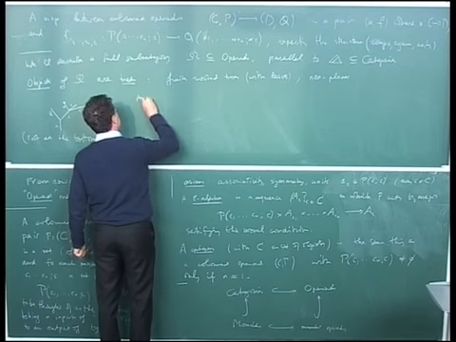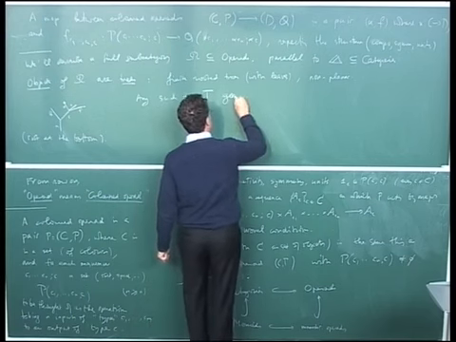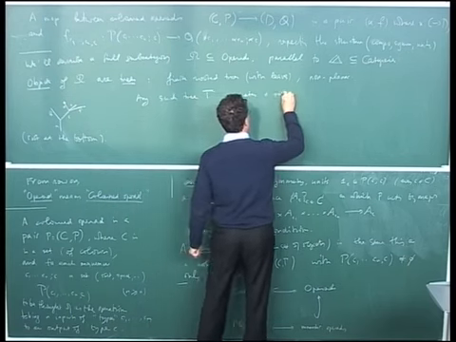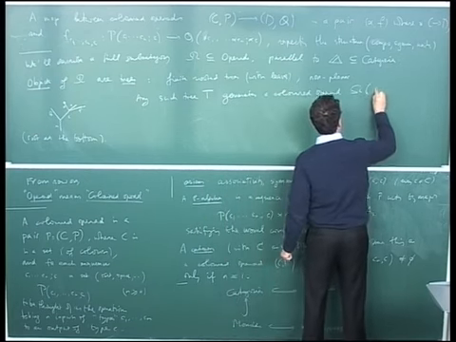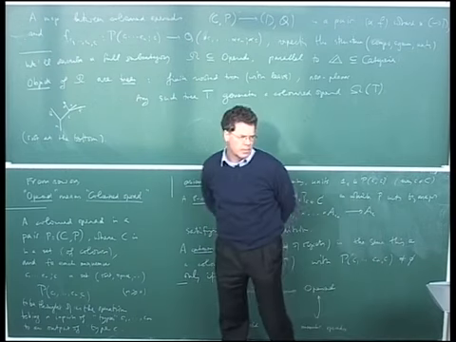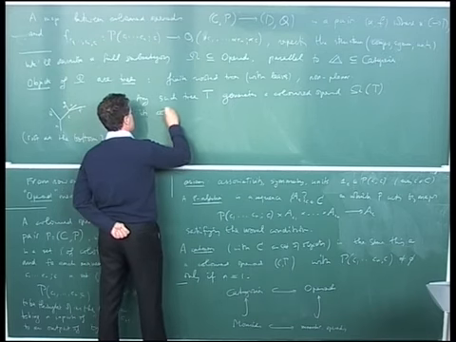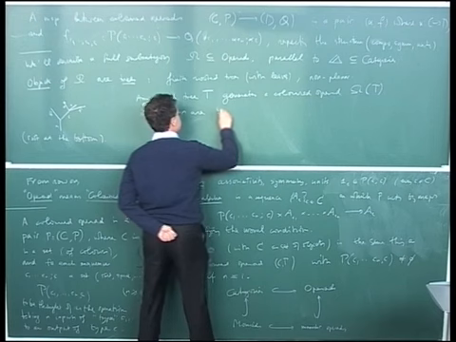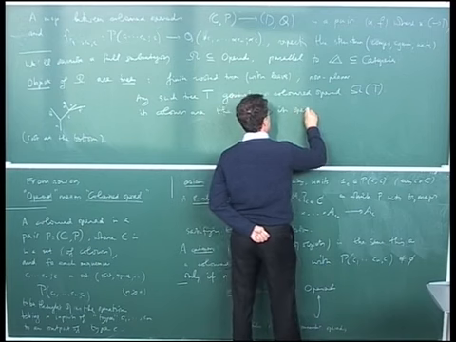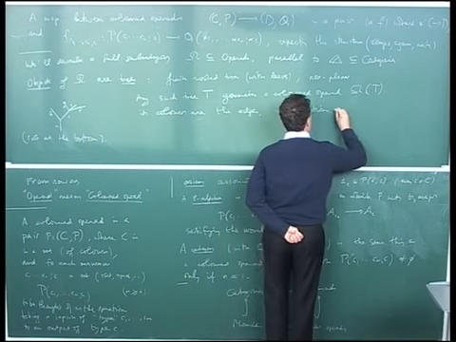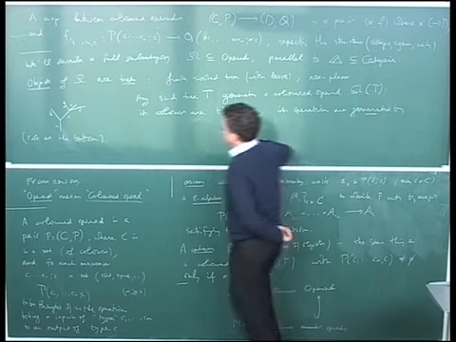Any such tree generates a colored operad, which I will denote omega of t, and its colors are the edges, and its operations are generated by the vertices.